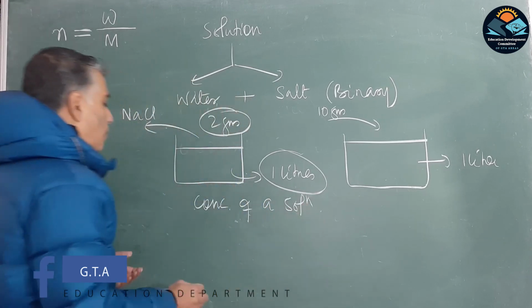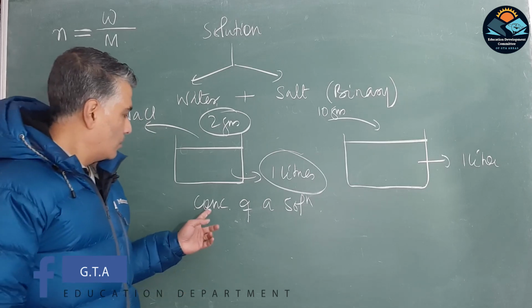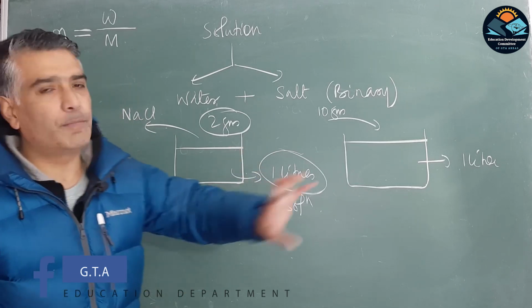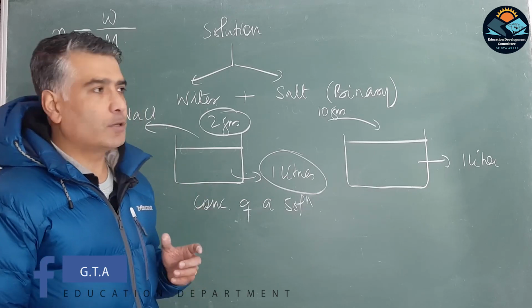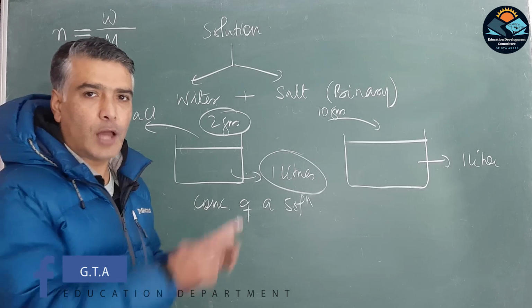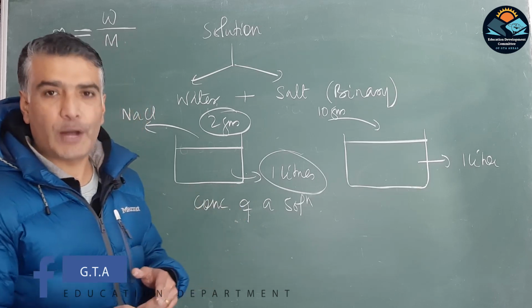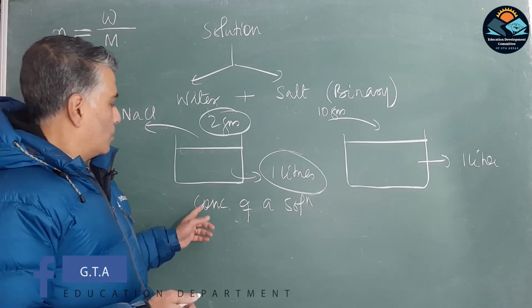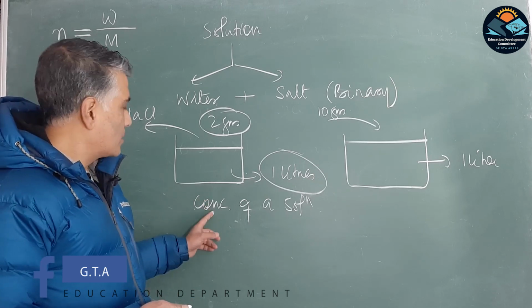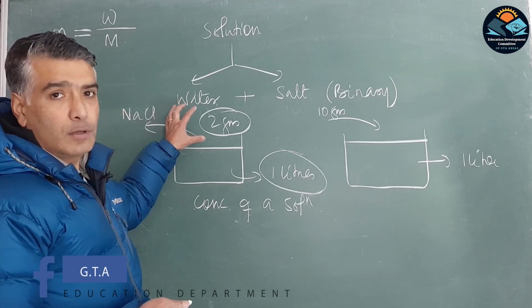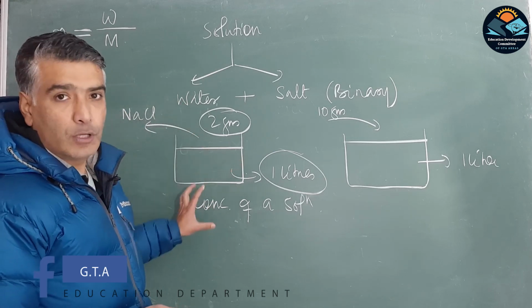So what is the meaning of concentration of a solution? You see, so many times we have talked about concentration of my solution is so and so. What's the meaning? When you're saying concentration of my solution is so and so, you're trying to say how much of solute and how much of solvent is present in my solution. Okay. So that means we can measure or express the amount of solute or amount of solvent in a solution.